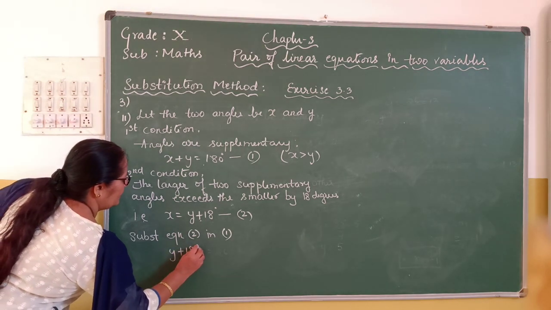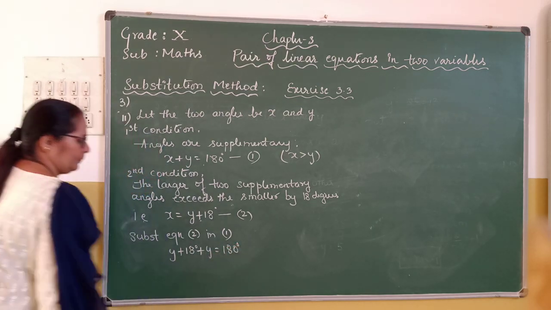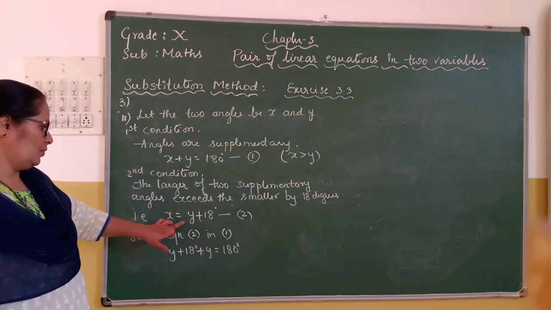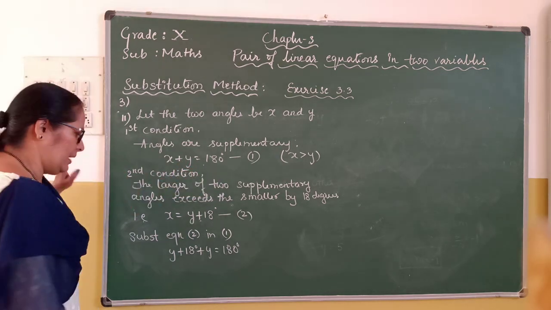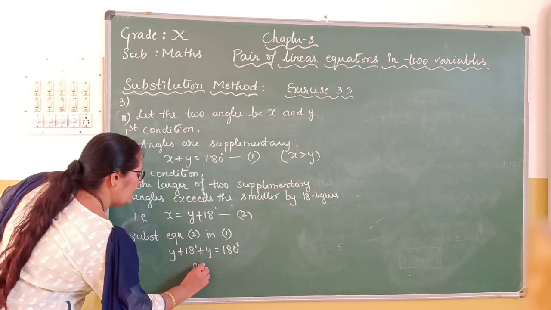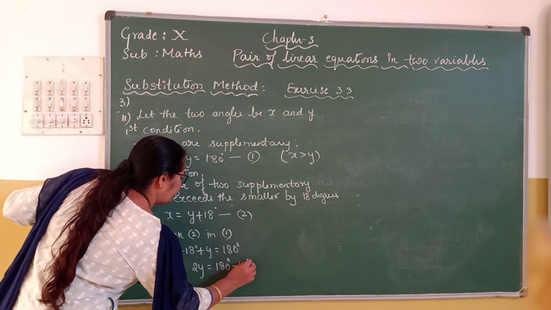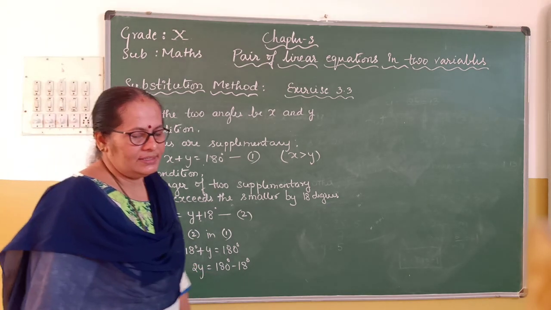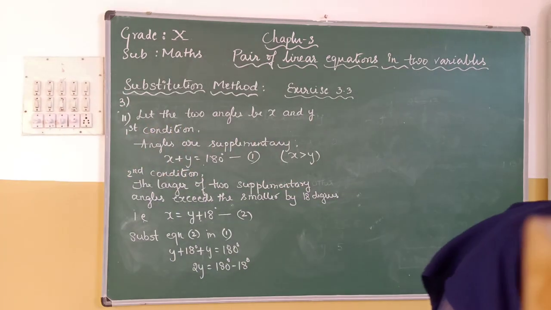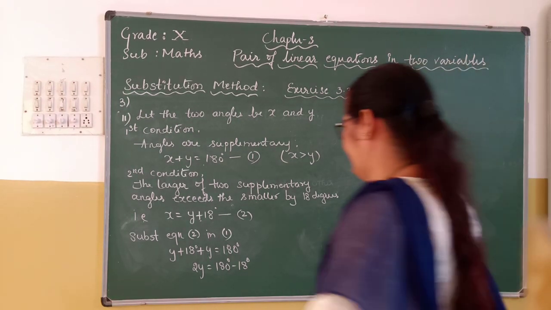Y plus 18 plus y equals 180. So, 2y equals 180 minus 18. What is 180 minus 18? 180 minus 18 is 162.